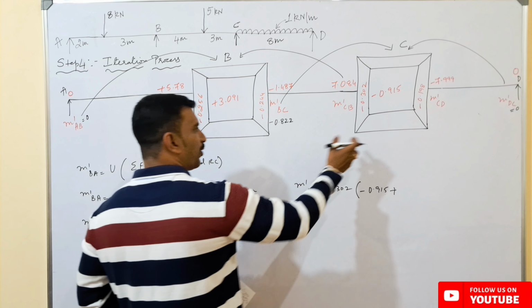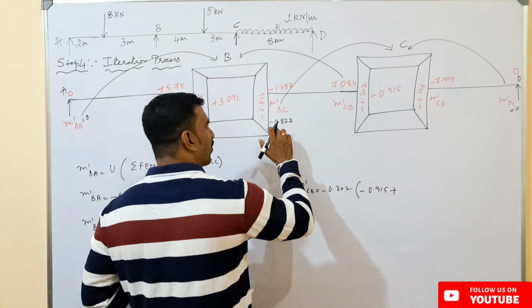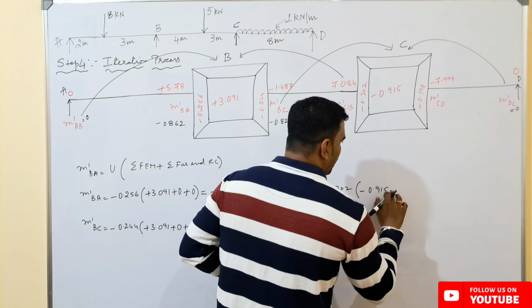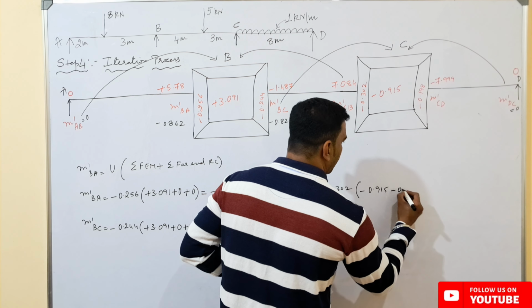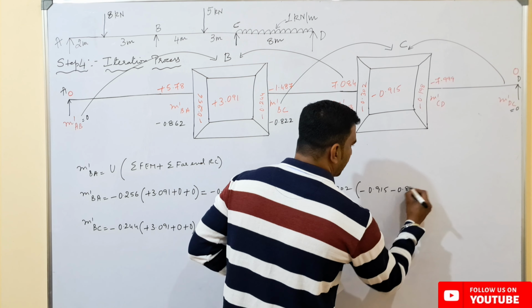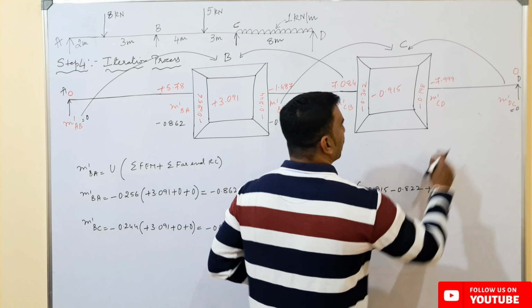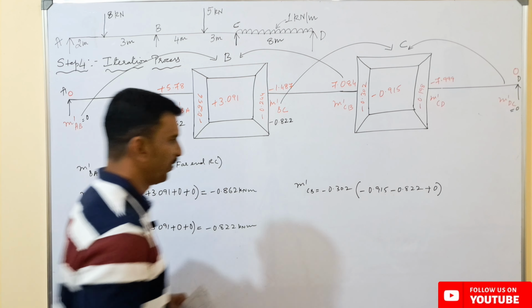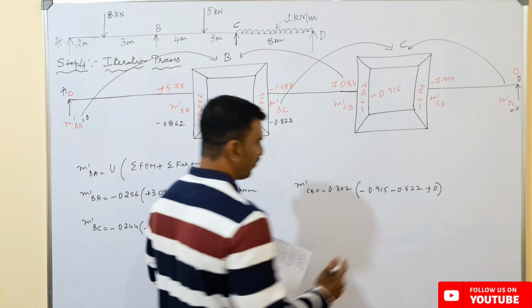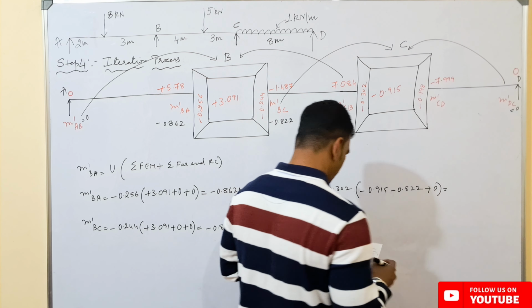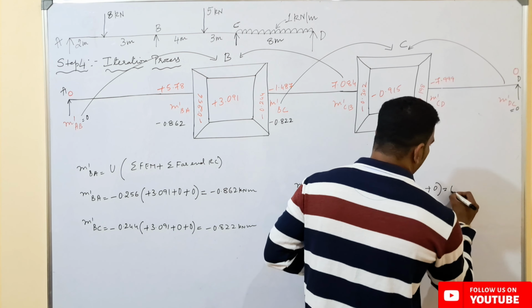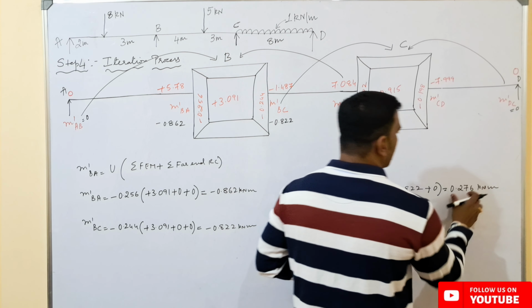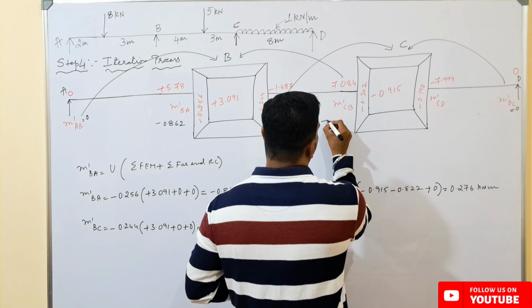So the value of far end rotation contribution here we have got, which is a new iteration value, which is minus 0.822 plus the far end rotation contribution here about this value is 0. So we are having a value here, which will be equal to 0.276 kilonewton meters. So this value we need to write here, that is plus 0.276.